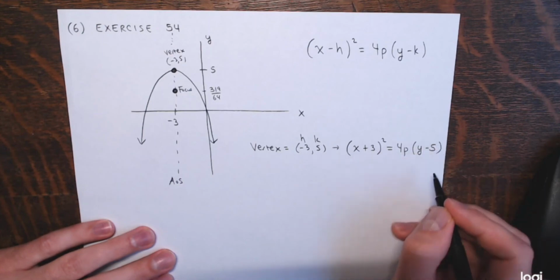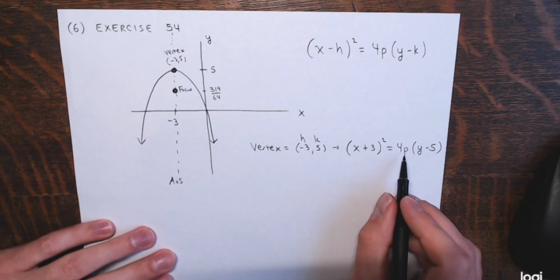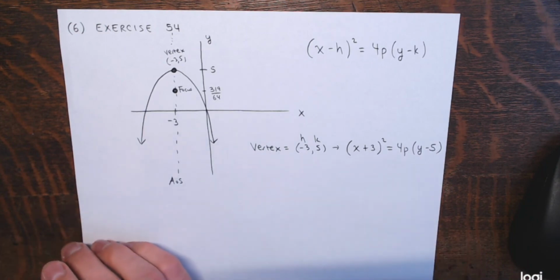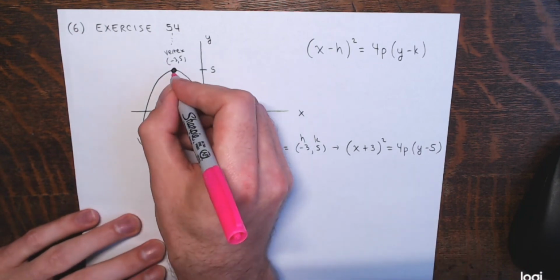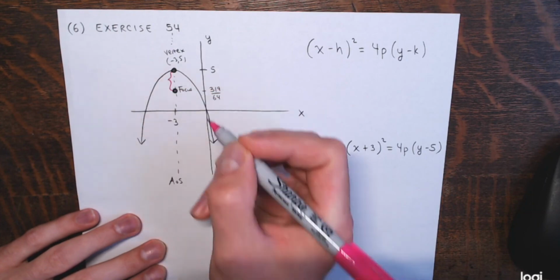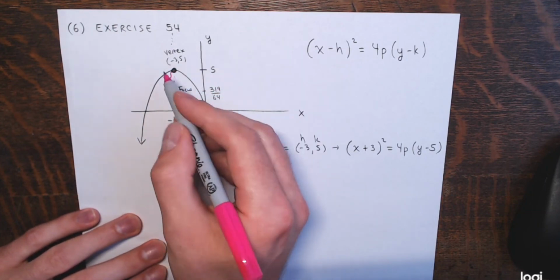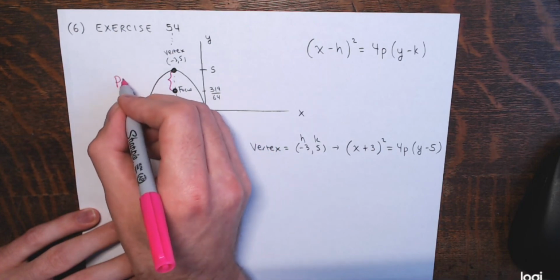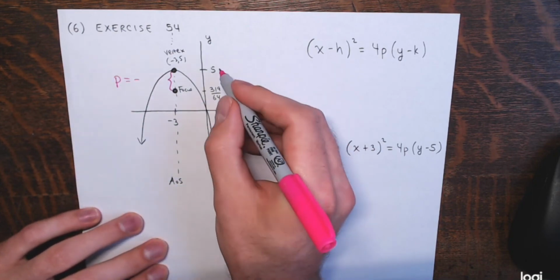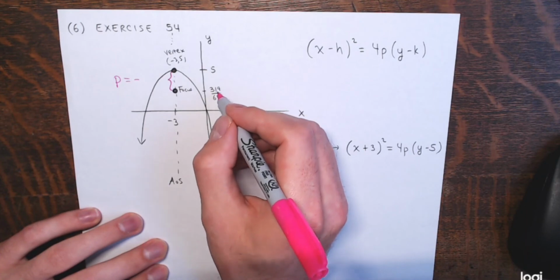And now I just need to find p. And once again, it's easy to do. You have the vertex and you have the focus. Now you see how from the vertex to the focus I'm going down. That's a negative change. So the value of p is going to be negative. And we just need to know the difference between these two things, 5 and 319/64.